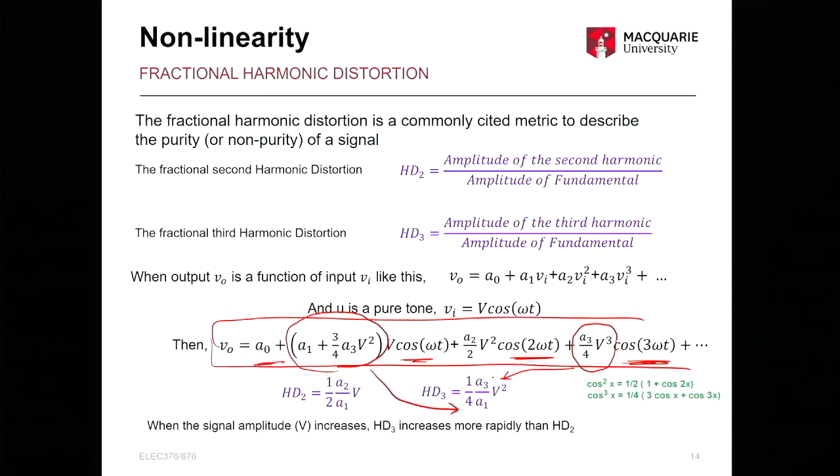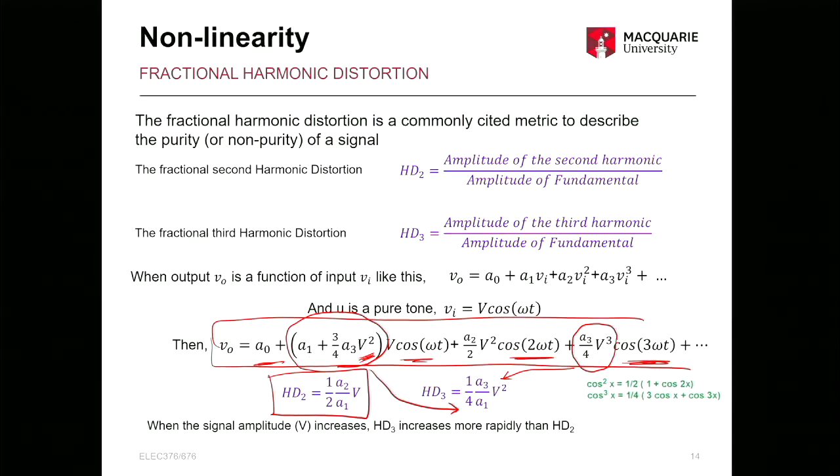Here, just for simplicity, we have not considered the V square term. So we just chose the first term, A1, and here is A3V divided by 4. One thing to note here is HD2. Can you see how you can find HD2 from this big equation?